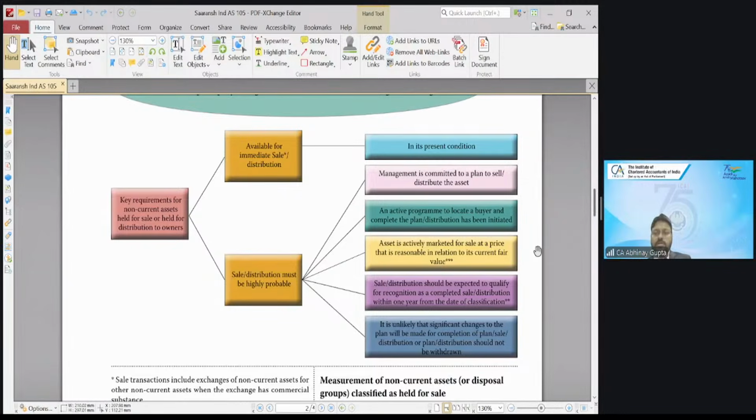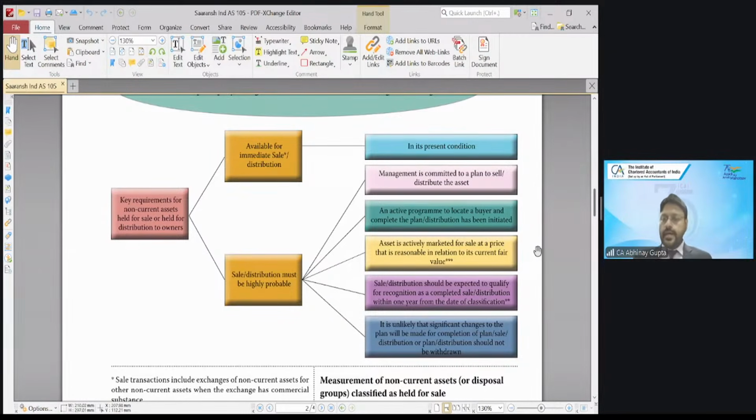No. Because they are trying to sell it at an exorbitantly high price as compared to the reasonable or fair value of the asset group, it can be concluded safely that they will not be able to find the buyer, and the sale will not be concluded, right? Because no prudent person will buy anything at an exorbitantly high price as compared to the true value of the asset group. So if 100 rupees worth of assets are planned to be sold at 150, then it is exorbitantly high and the sale will not happen.